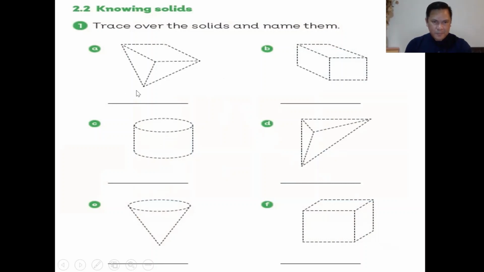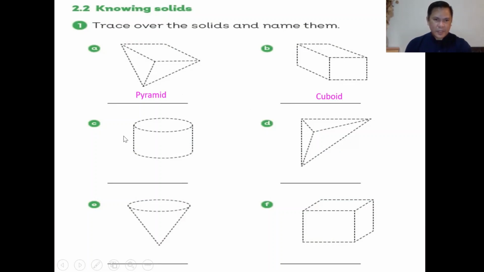It starts with letter P. This one we call a pyramid because it has a triangle shape and flat faces. Letter B. What is letter B? Letter B has many flat faces. We call it a cuboid.